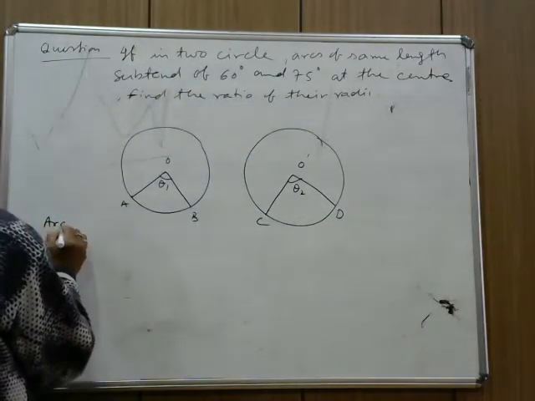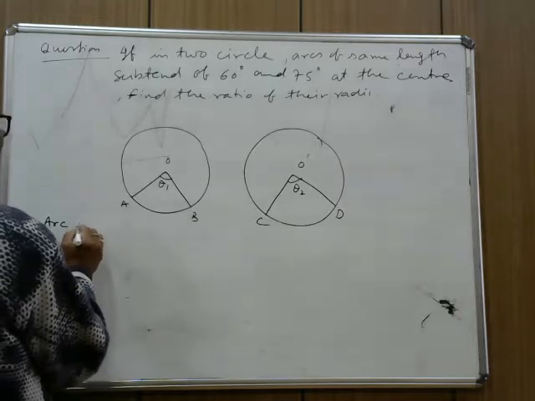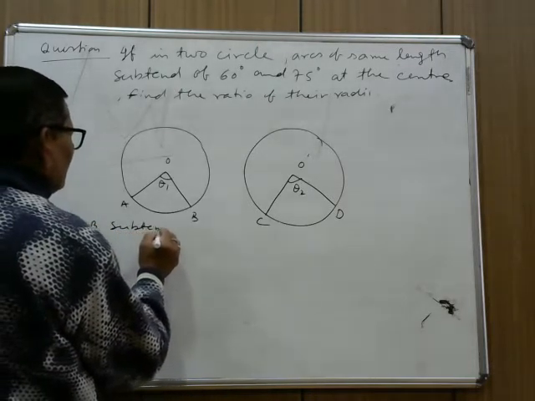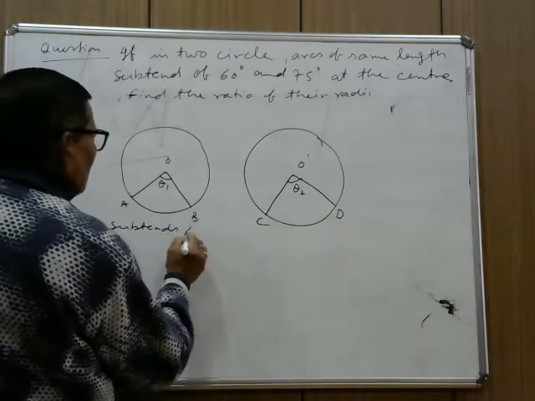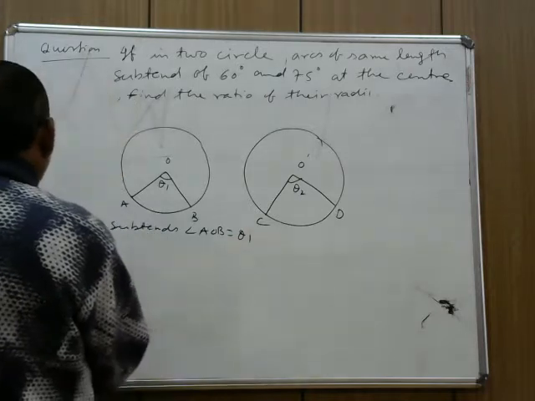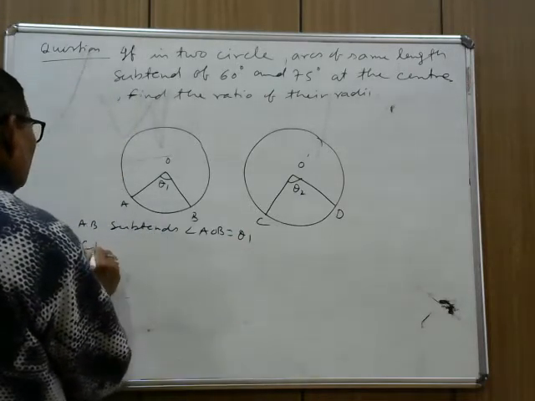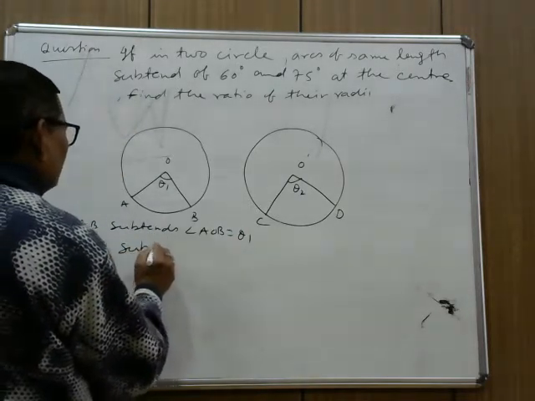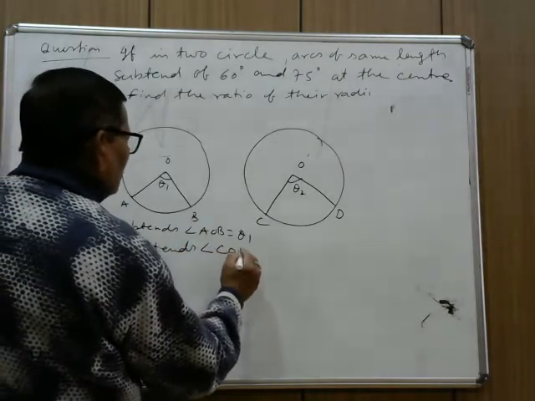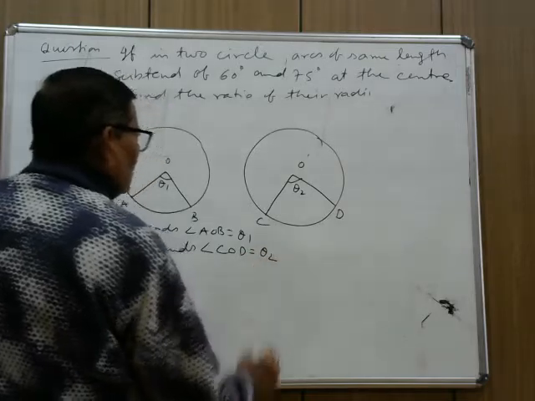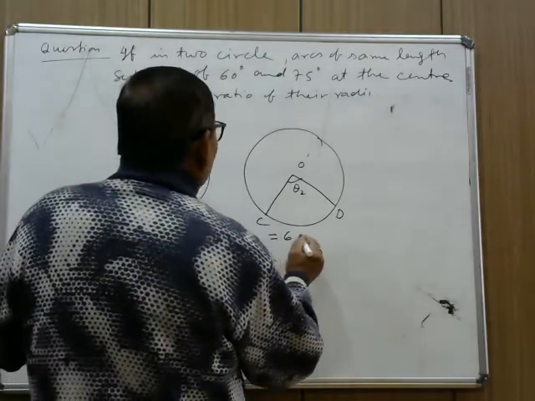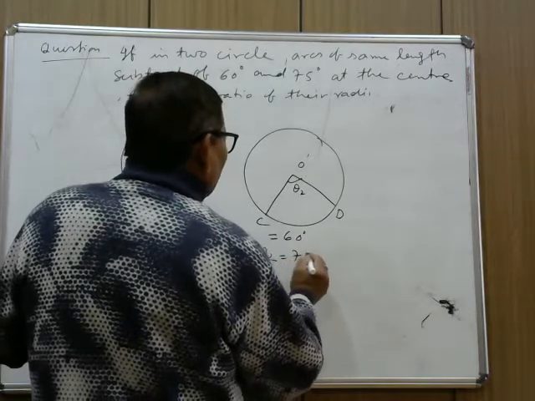Arc AB subtends angle AOB equal to theta 1. Arc CD subtends angle COD equal to theta 2. These angles are given to you. This is 60 degree and this is 75 degree.